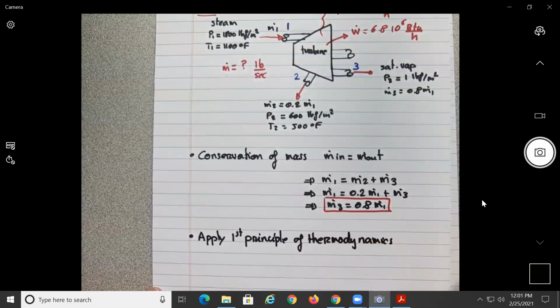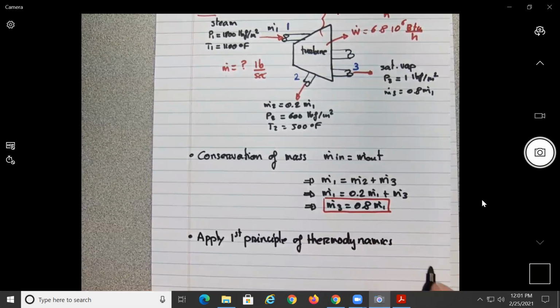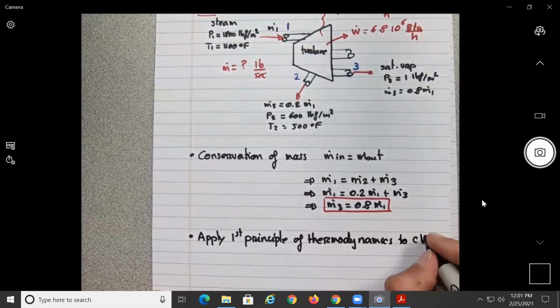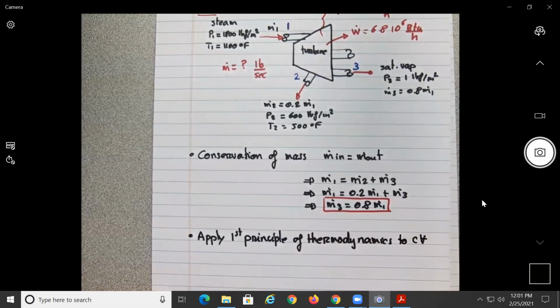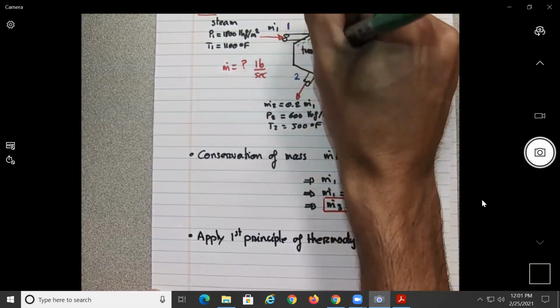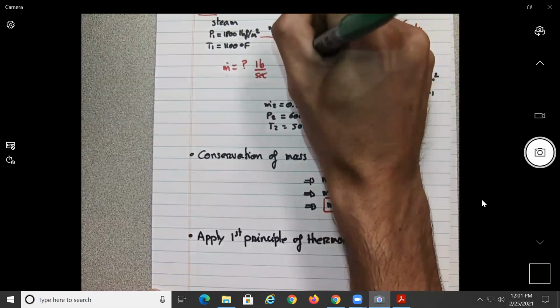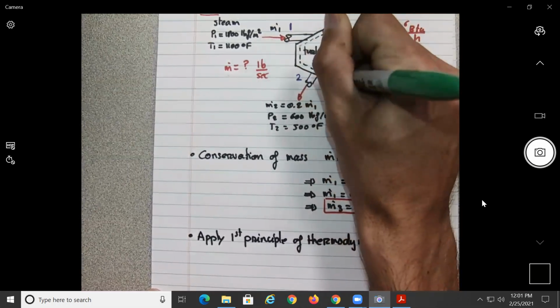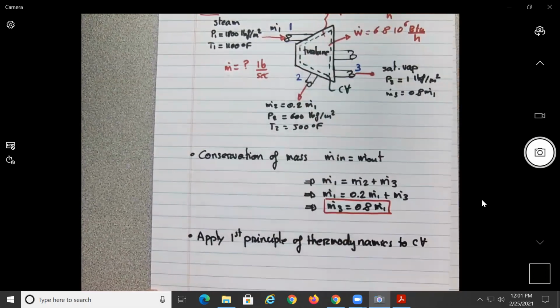When you say apply anything, you need to let me know to what system. So what will be the system? This is your control volume.